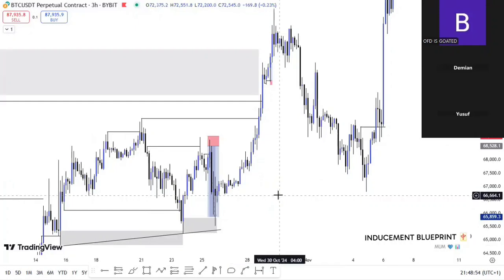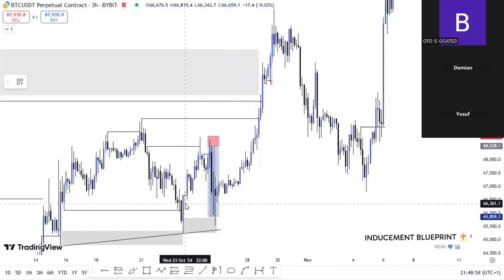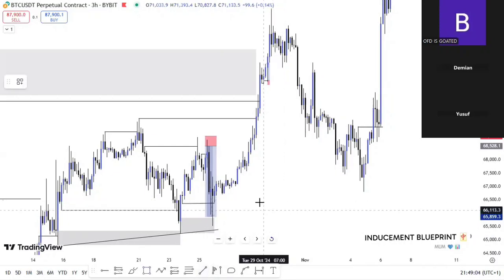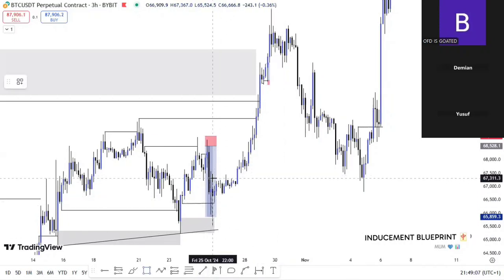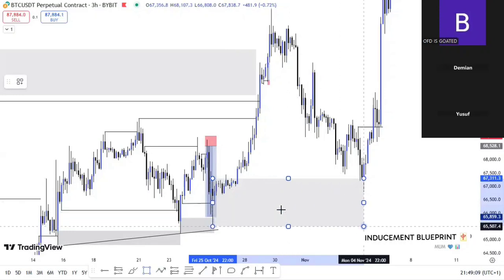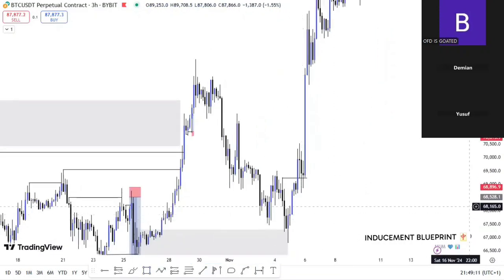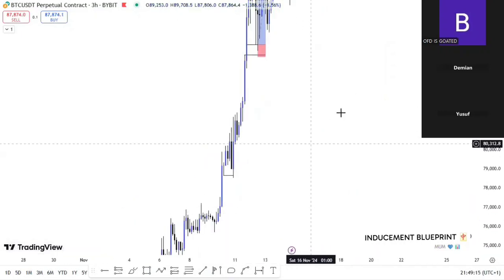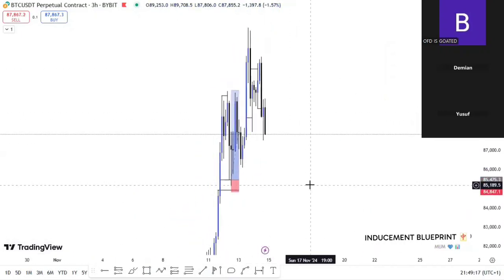And same thing why BTC started buying from here, because we had a good internal sweep here, and then our demand zone here. So price tapped on the demand and then also started buying to the upside. So it's just a simple thing.